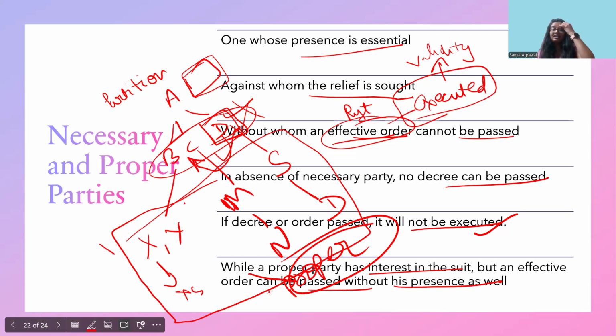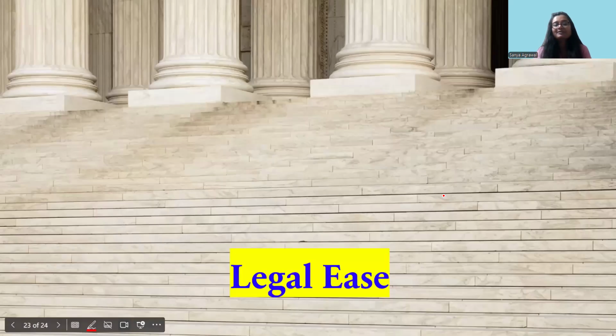So their right will not be violated if they are not added. However, their presence can help the court in deciding the matter more effectively. So a more effective way of deciding a particular case will be possible by adding this party. That is the intention of adding any proper party. I hope this is clear to you, the meaning of a necessary and a proper party.